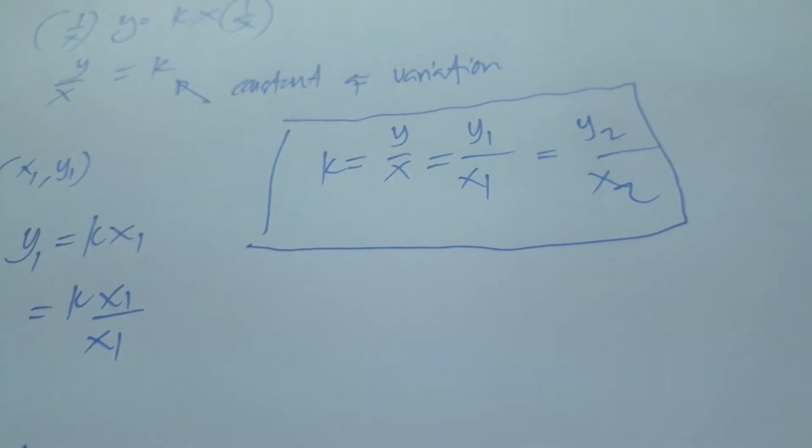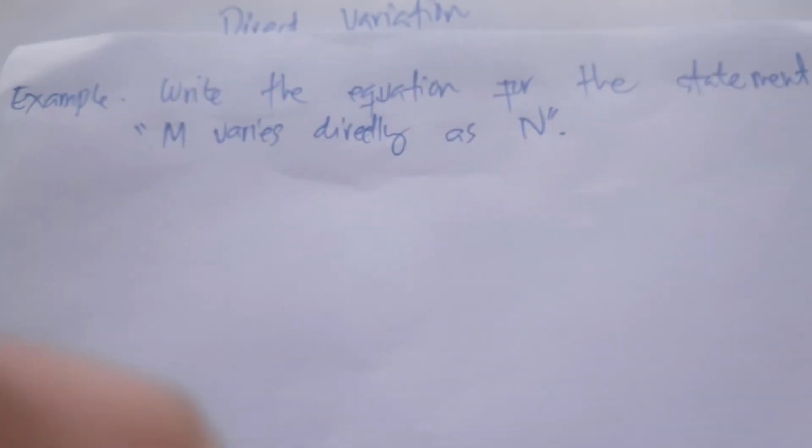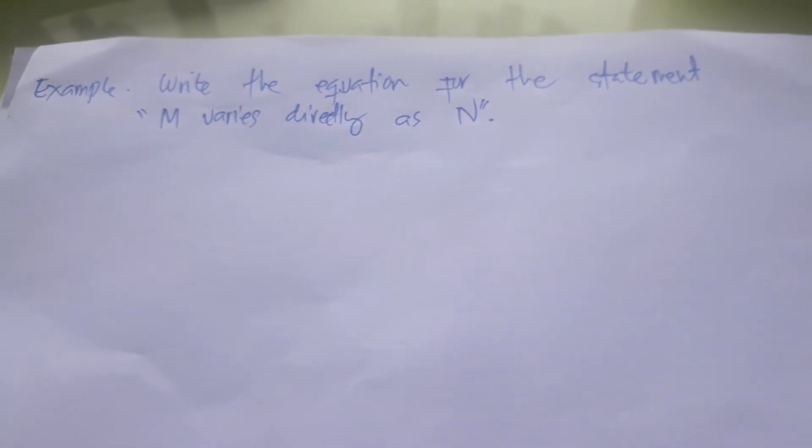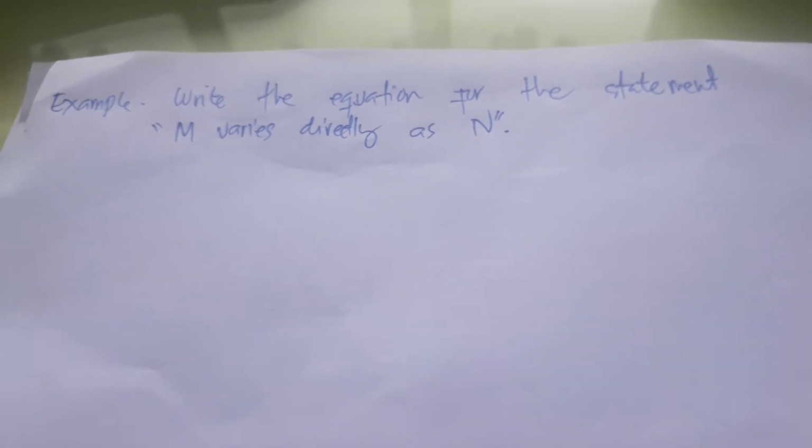Okay, I have here some examples. Example or activity number 1. Write the equation for the statement m varies directly as n. As we know, we can read the statement as in the previous statement I have.